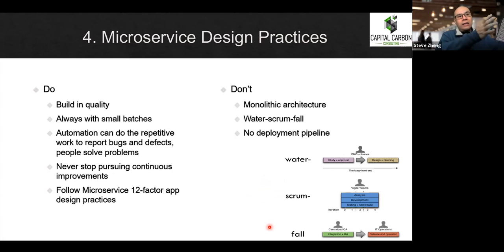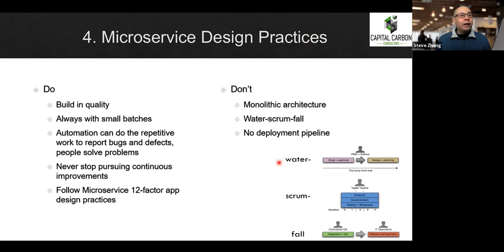One stage is design. Another stage is development and testing. The last stage is deploy. So anytime you can clearly see the three stages, you are running Water-Scrum-Fall.